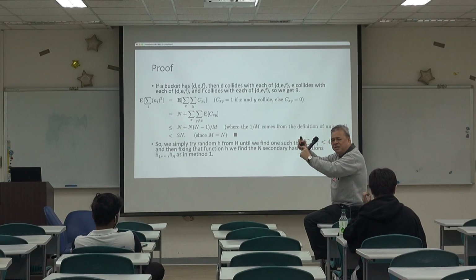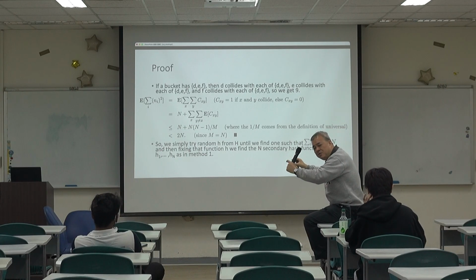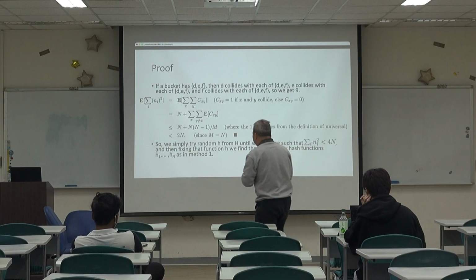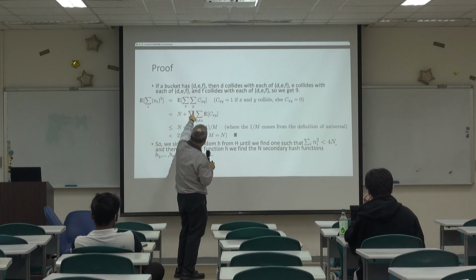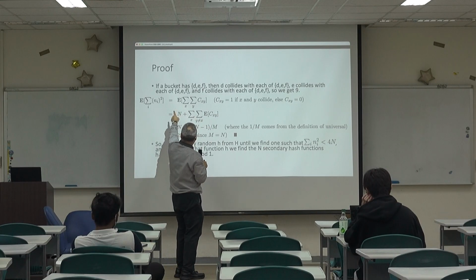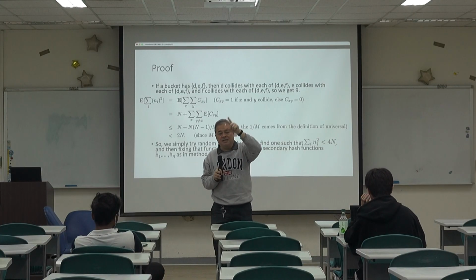We put them in the same second level hash table. Put it another way, the second level hash table has 3 elements. We consider this collision to be D colliding with DEF, E colliding with DEF, and F colliding with DEF. So totally we count it as 9 collisions.